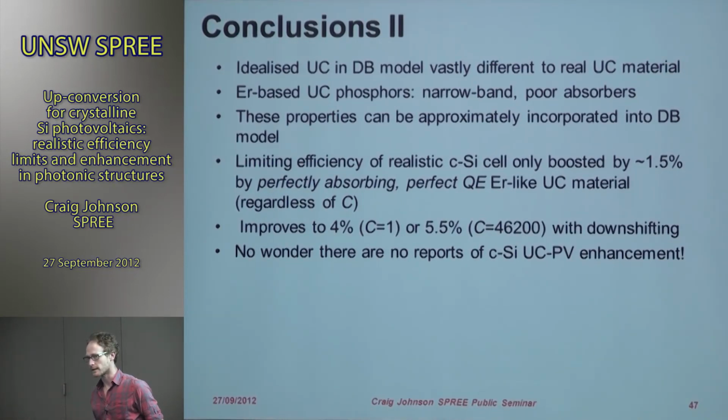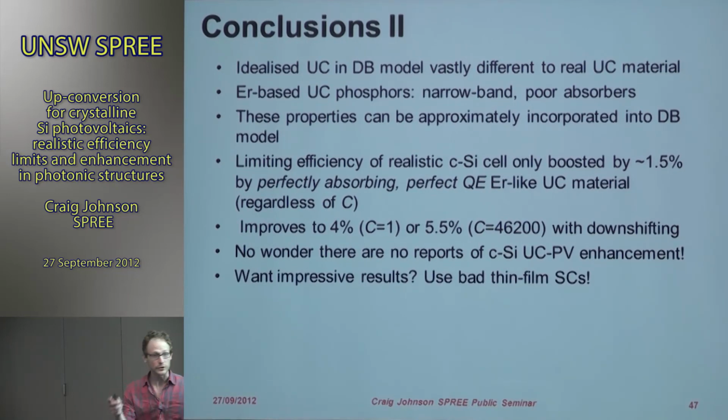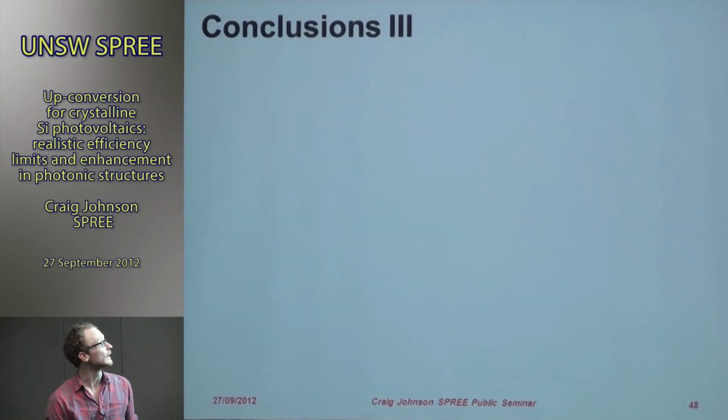It shouldn't be surprising in that sense. Do you want impressive results? You should use a bad thin film solar cell, and then you can have impressive results. And in fact, I think the fact that upconversion has so little benefit for crystalline silicon shows how good crystalline silicon is as a material, thanks to generations of engineers and scientists improving it.